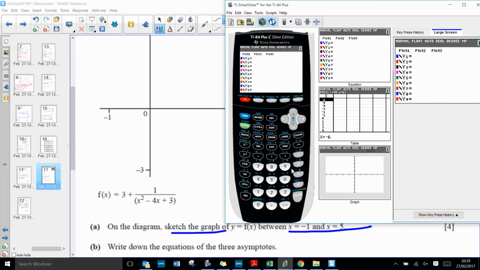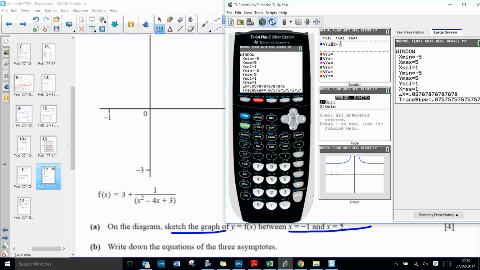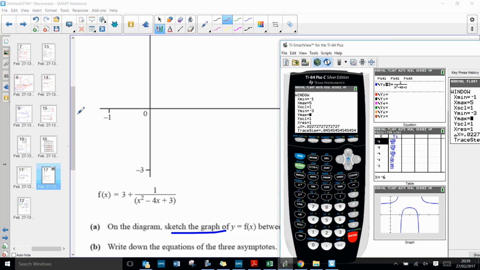So that's 3 plus 1 over x squared minus 4x plus 3, and change our window between -1 and 5, and our y-axis goes from -3 to 8.